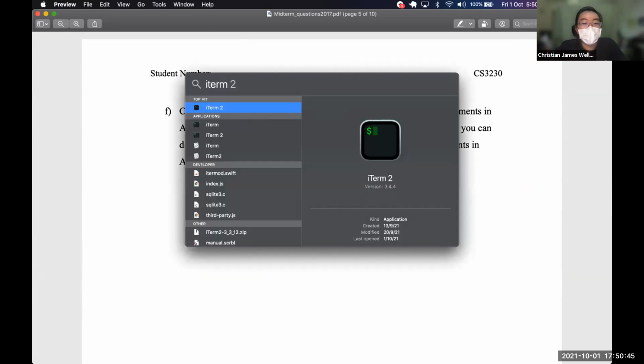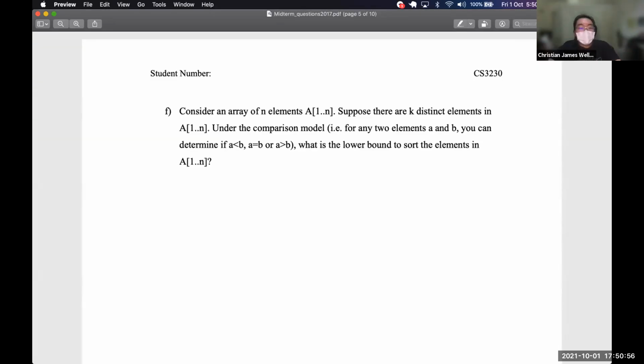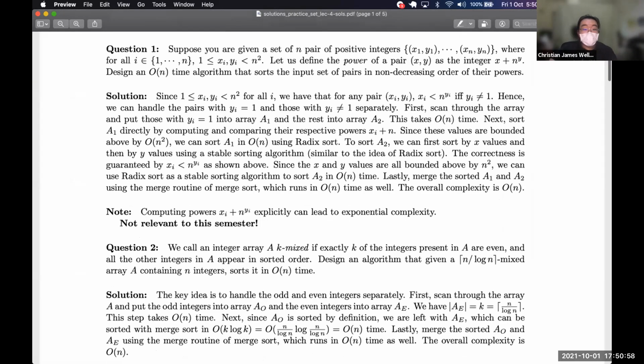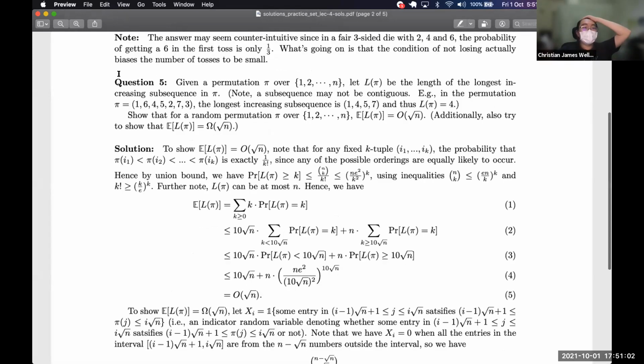Okay, so I had one more question. I'm not sure if I want to go through it because it's from the practice problem set. Is this question from the practice problem set? Okay.